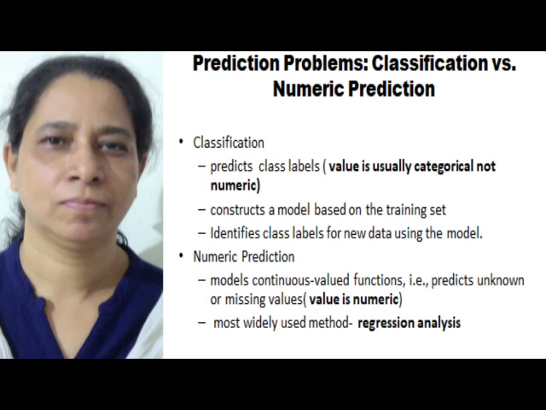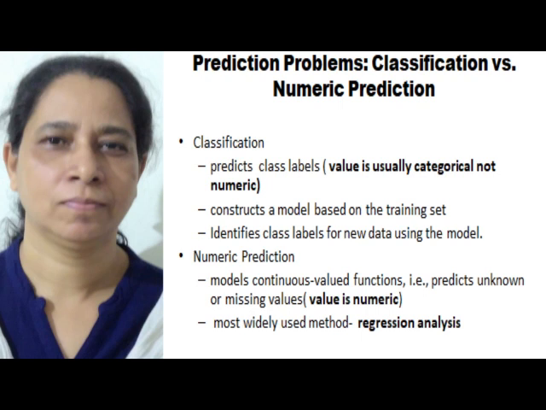Regression is used to predict missing or unavailable numerical data values. Regression analysis is a statistical methodology that is most often used for numeric prediction.